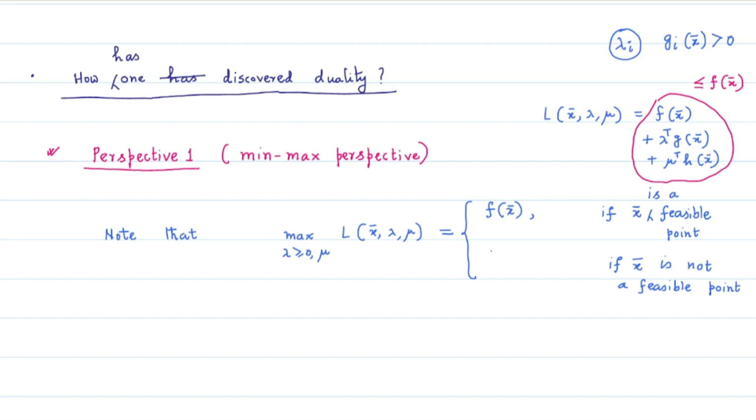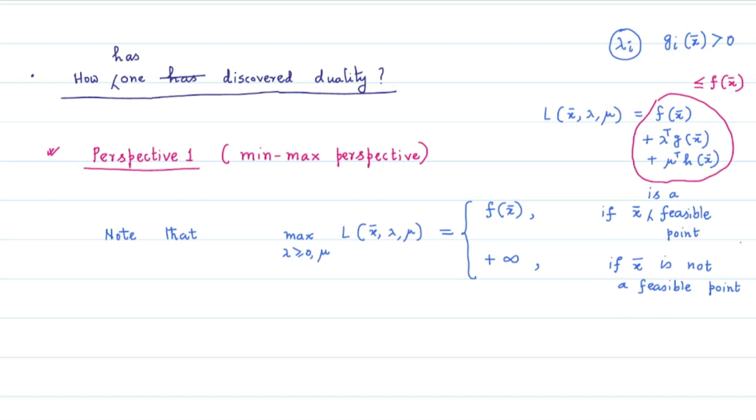Ultimately, if one of the components in g(x bar) is greater than 0, or one of the components in h(x bar) is not equal to 0, then the value of L(x bar, lambda, mu) can be blown up and reaches positive infinity when x bar is not a feasible point.